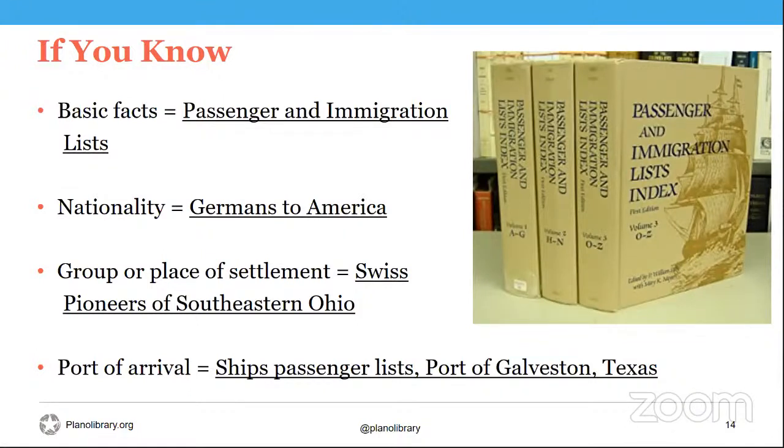This is an old classic book set that everybody had to have, the Passenger and Immigration Lists. This was also called Filby's book because that's who put it together. There are supplements, there's a lot of information. Libraries like us, we still have the books.